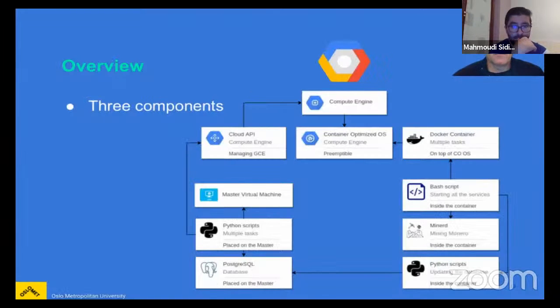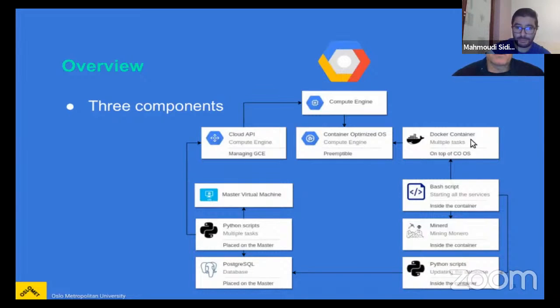This is an overview of the whole setup, where there are three important parts. Obviously, the most important is Google Compute Engine, which with the Cloud API we can run these scripts. This is the master, and here we run scripts which both collect all the data and control all the VMs.